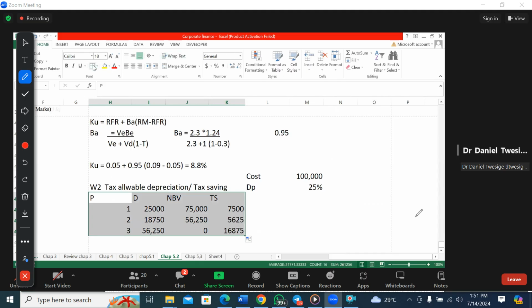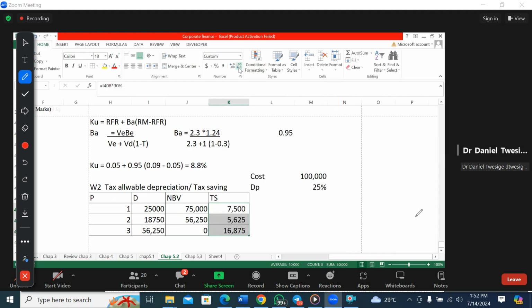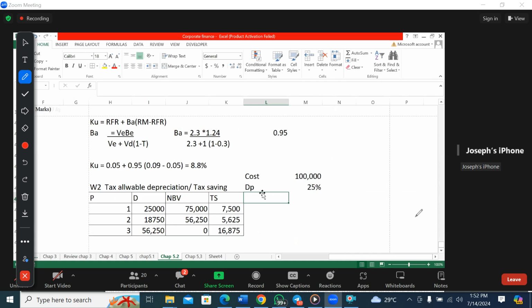I don't know if you have a question there. What is the useful life of the asset? They told us 3 years, and the scrap value 0.